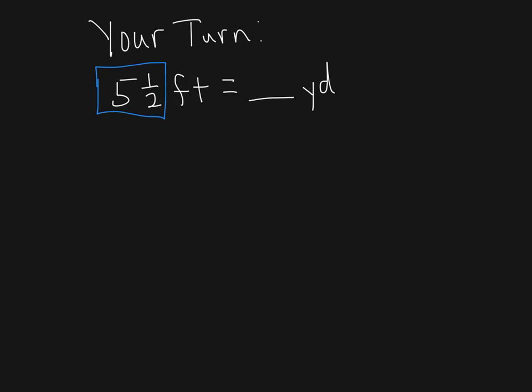So you'll be wanting to turn that mixed number into an improper fraction, and then you can multiply it and get your answer. Once you get your answer, make sure that it's in the form of a mixed number if it's an improper fraction. So give that one a shot and write your answer on the Ed Puzzle quiz, please.